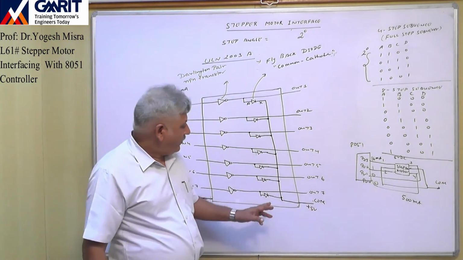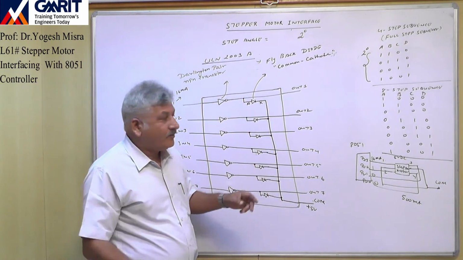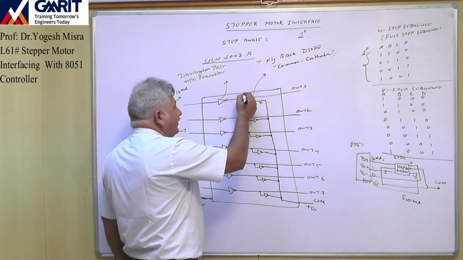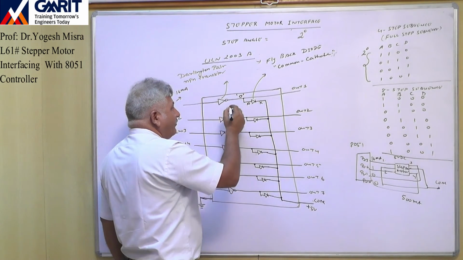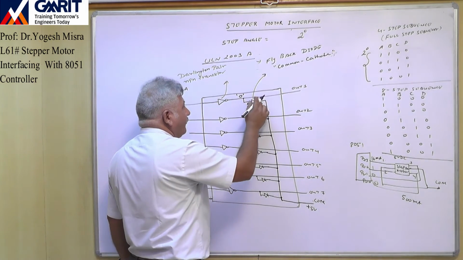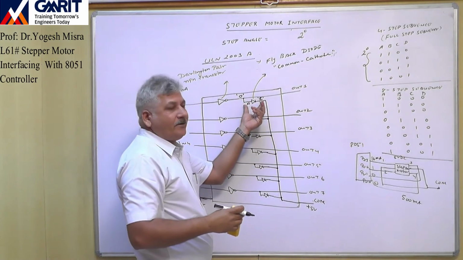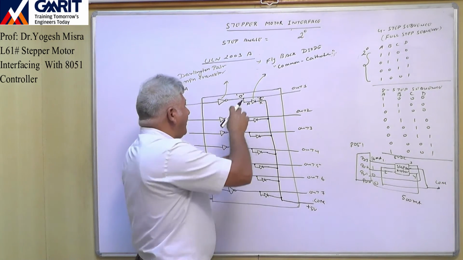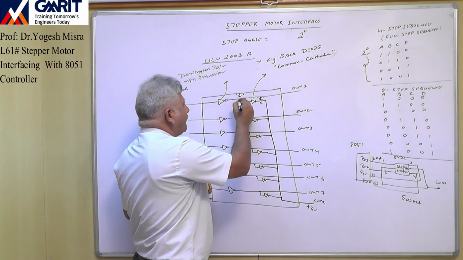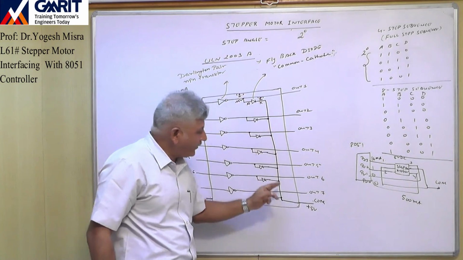Now suppose at this common terminal we connect plus 5 volt. What will happen? All the cathodes of the diodes are at plus 5 volt. So if this buffer generates binary 0, that means 0 volt, then here you have plus 5 volt and here 0 volt. So this is ground and this is plus 5 volt. This diode is in reverse bias condition. And if this buffer is generating binary 1, that means plus 5 volt is connected to the anode, and the cathode is also connected to plus 5 volt.